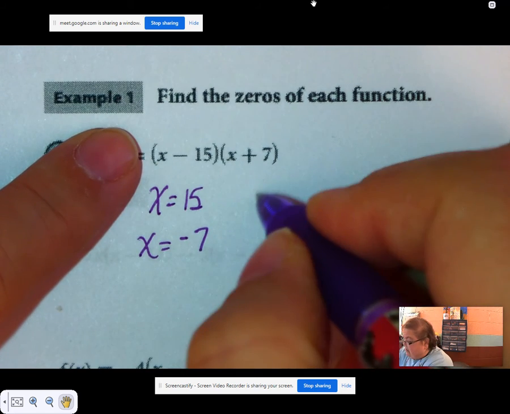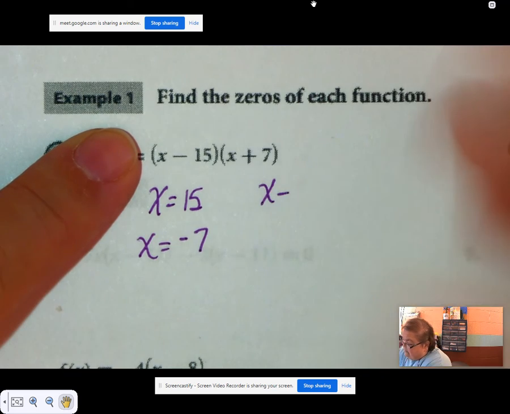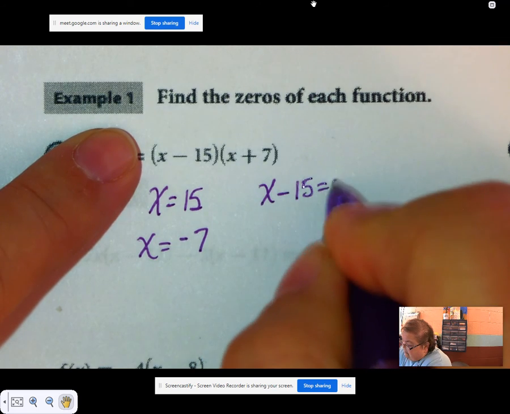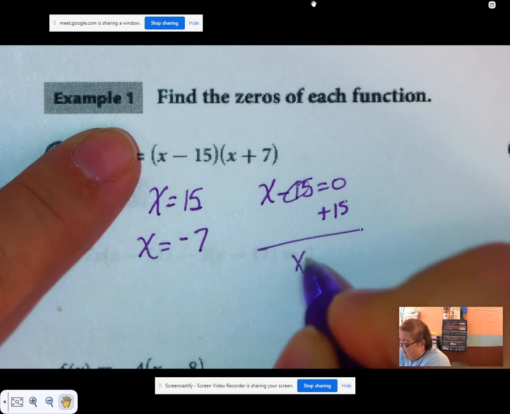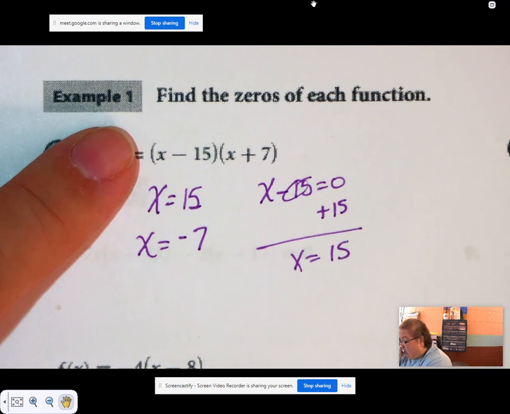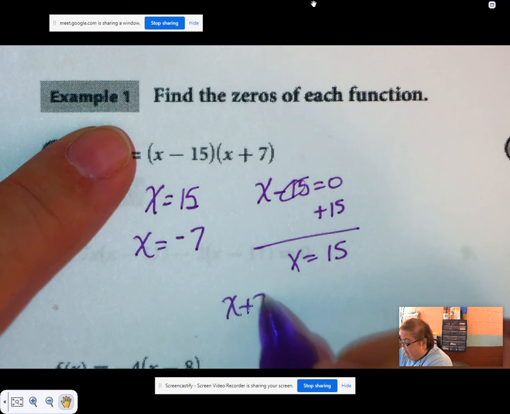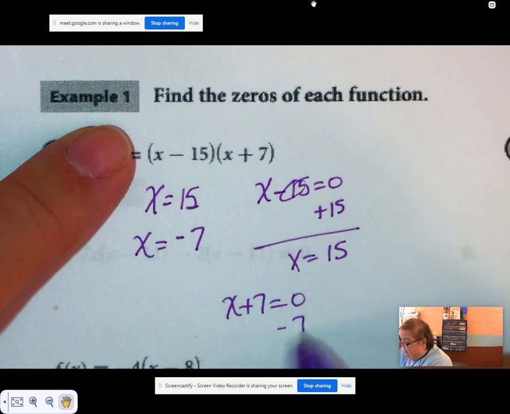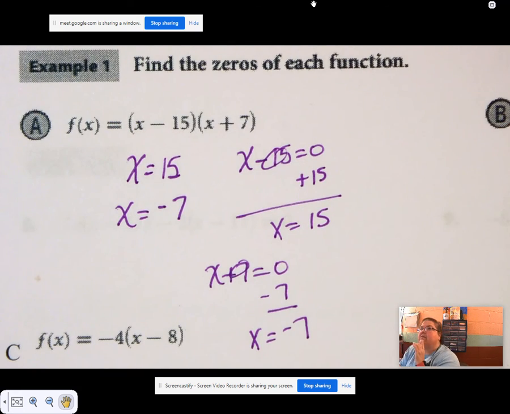Again, you can set them equal to 0 and find that answer. Okay? If you need to work them out, I would expect you to do so. If I'm looking for zeros, that's how we're going to do it. Set it equal to 0 and get those answers. Okay?